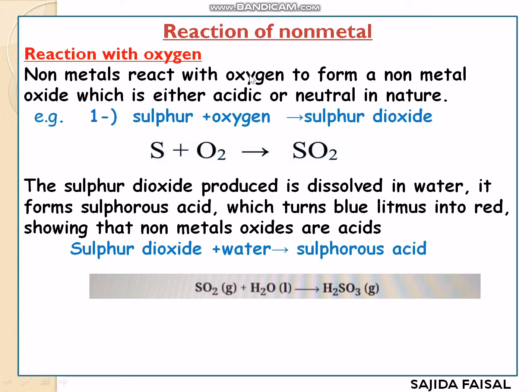Non-metals react with oxygen to form oxides, which may be acidic or basic. Here sulfur reacts with oxygen to form sulfur dioxide, and blue litmus paper changing into red shows that it is an acid.